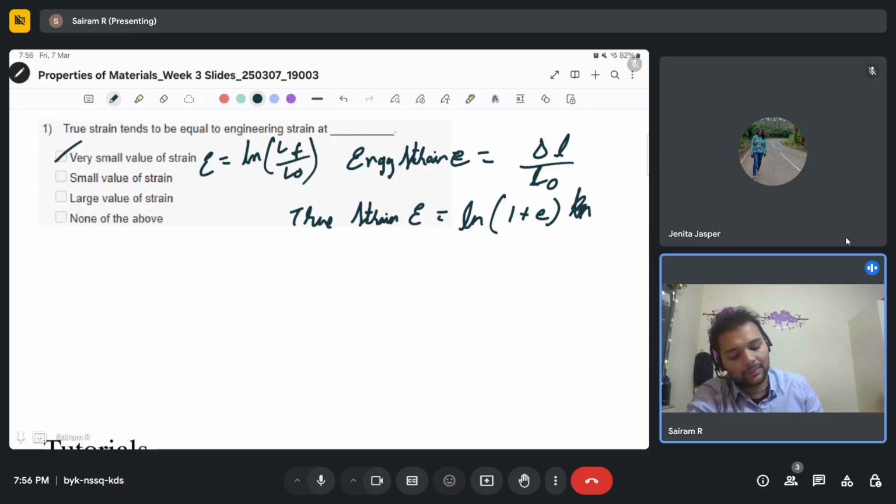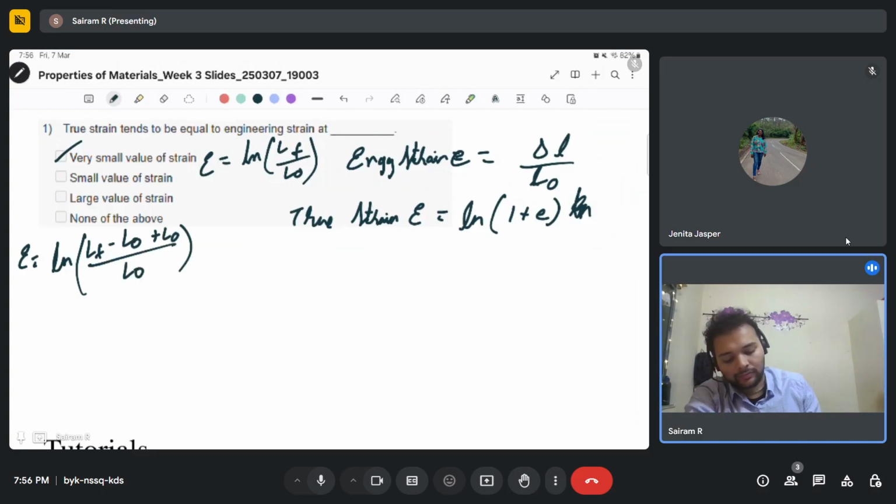If we add and subtract L naught to the numerator over here, it becomes epsilon equals ln of Lf minus L naught plus L naught by L naught.